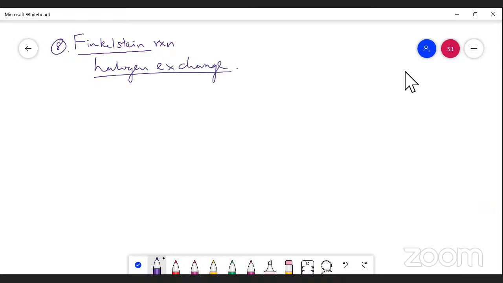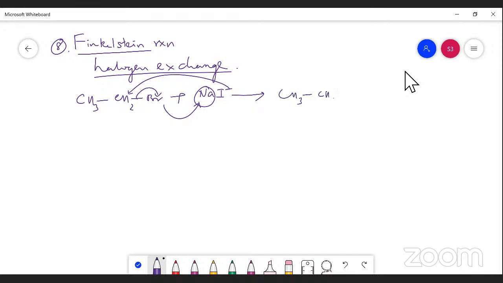That means instead of one halogen present, suppose I take, for example, ethyl bromide and treat it with sodium iodide. What will happen? The bromine reacts with the sodium, because bromine has more reactivity and reaction ability with sodium than iodine does. Now the iodine is going to substitute here. What product can we expect? CH3CH2I plus NaBr.